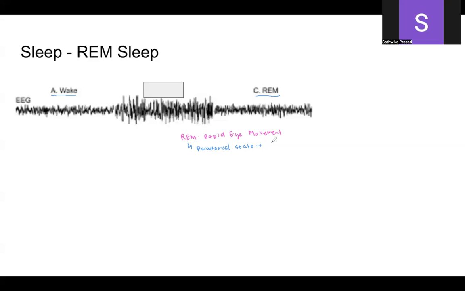And so REM sleep is categorized with high brain activity, and it almost has bursts of activity, similar to the wake state, as if you were awake, right?